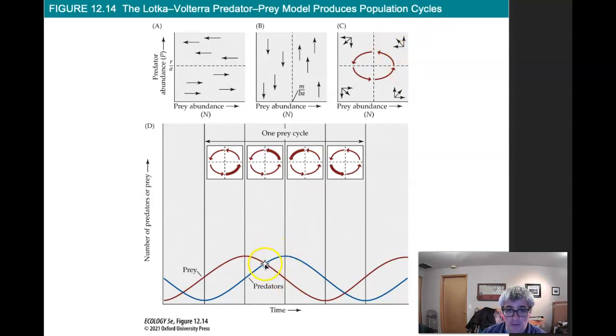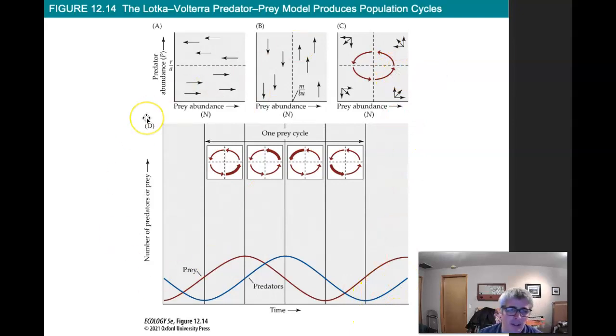Predators are still increasing. And then we get to this corner here, upper left, everybody's declining. And then we move over here, and prey are increasing, predators are still declining, and then we move over here and both are increasing.